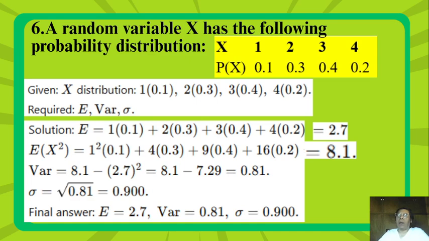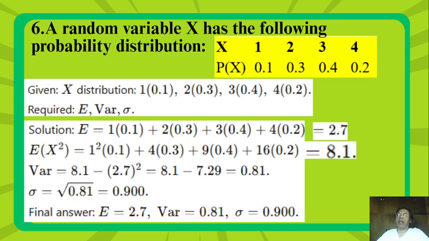So our variance is E of X squared minus E squared. We have 8.1 minus 2.7 squared, which is 8.1 minus 7.29, equal to 0.81.